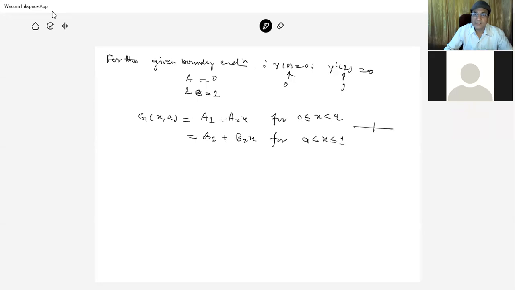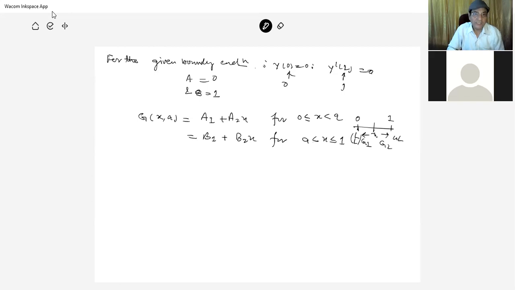That is, this is the x, and here it is the 0, and this point is 1. So this is for G1 and this is for G2. So these are the lower limit and the upper limit.